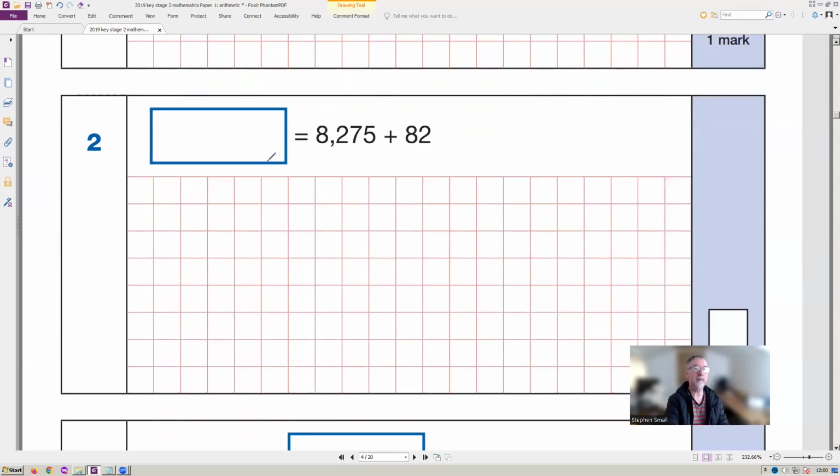This one, 8, 2, 7, 5. We add, and I'll put the add, this is my old school days, I'm going to put an add there, and then we just add them up. 2 and 5 is 7. 8 and 7 is 15. That's where it's good to have your number bonds sorted out.